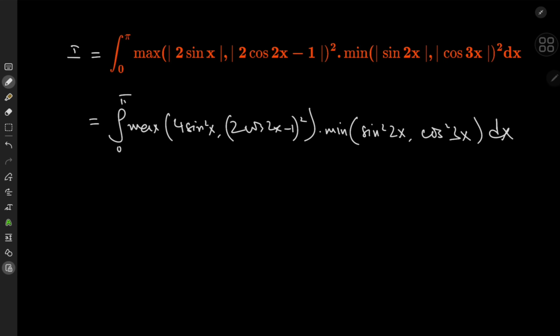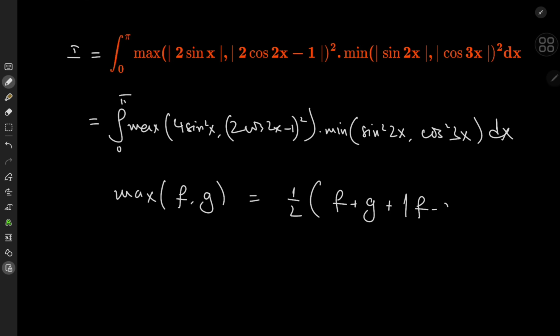Now, we could get rid of the maximum and minimum functions here instead of drawing a bunch of graphs of the trig functions or solving the equations for when the functions are equal. We could avoid all that by using the fact that the maximum of f and g equals 1/2 of f plus g plus absolute value of f minus g.